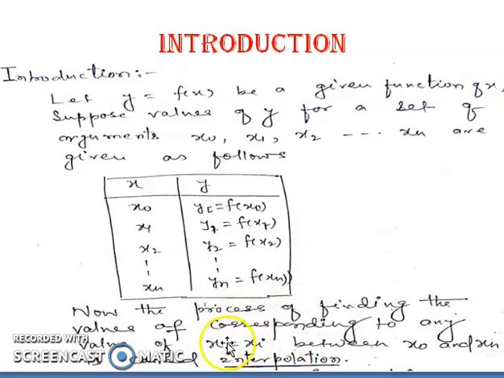The process of finding the value at x equal to xi between x0 and xn is known as interpolation. So interpolation is clear. We have the arguments x0 to xn, and if we have to find any value in between, this process is known as interpolation.